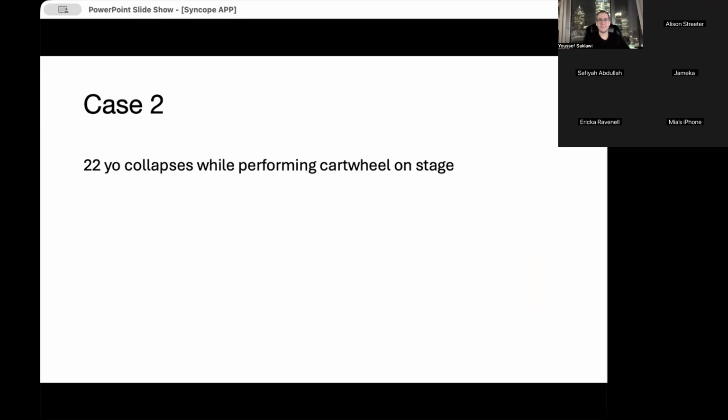Case two is also a case that I had on wards. A 22-year-old who collapses while performing a cartwheel on stage. So what is the next best step? I'll pause there if somebody wants to answer or put it in the chat.